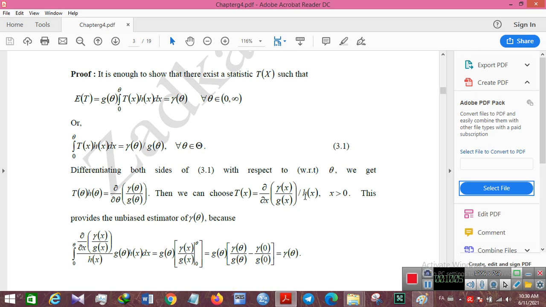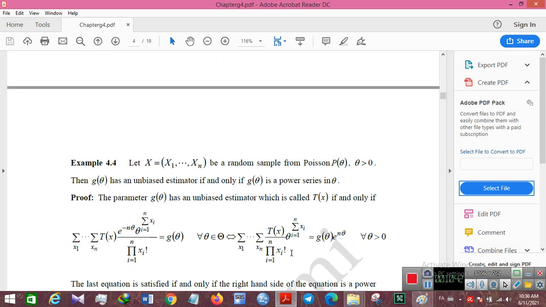If you want to check that T(X) is the unbiased estimator of gamma(theta), we can calculate the expectation of T(X). By the definition of expectation, it is the value of T(x) times the density of x, and after simplifying, the expectation is equal to gamma(theta), so T(X) is the unbiased estimator of gamma(theta).